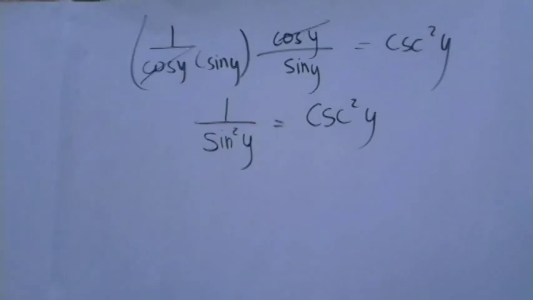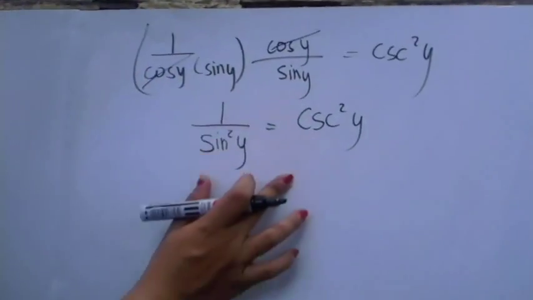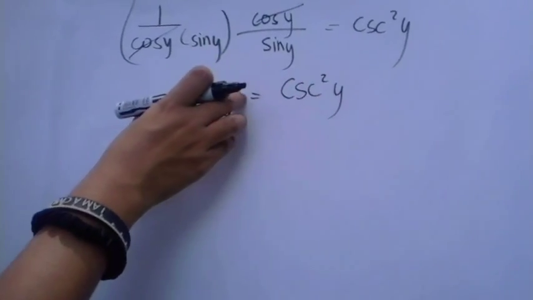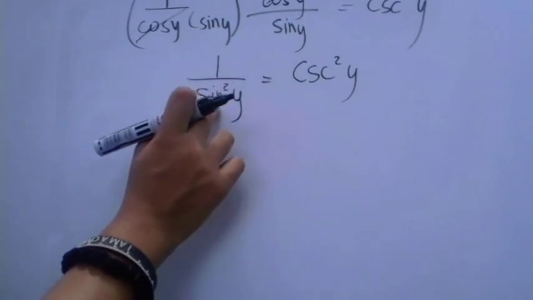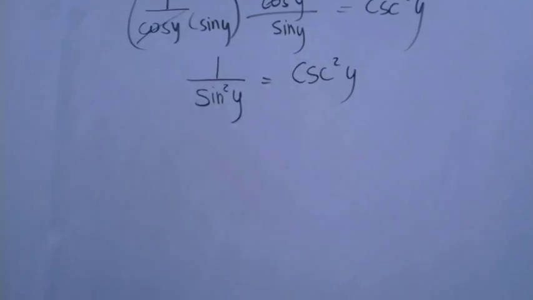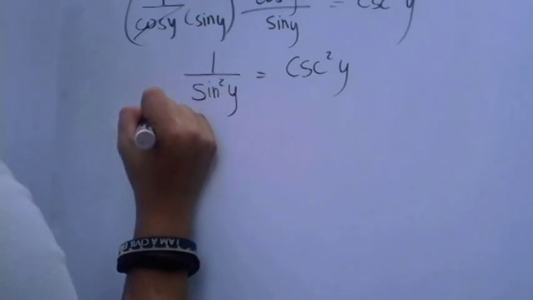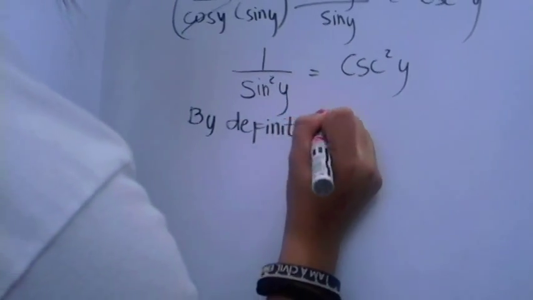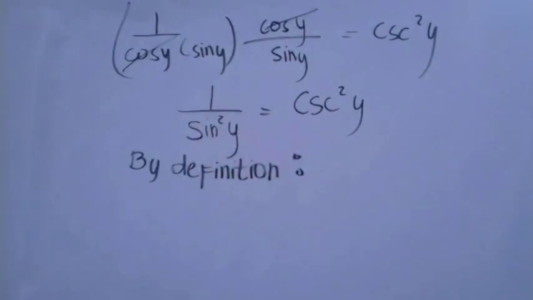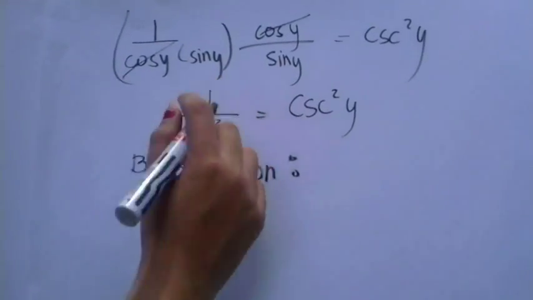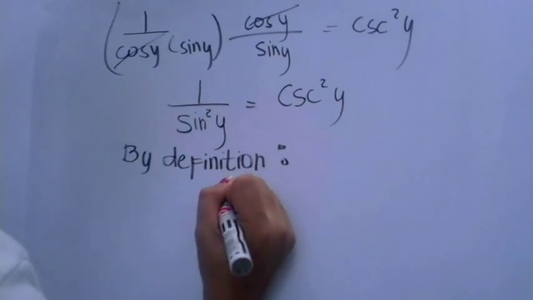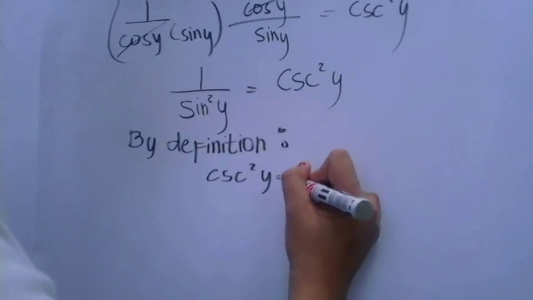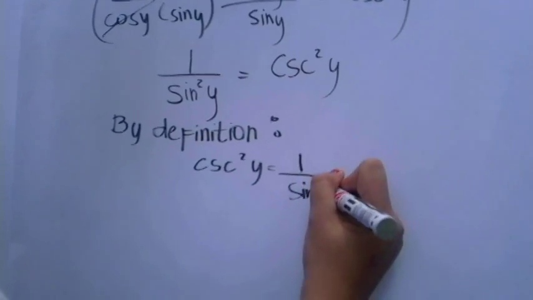Now, the problem is, how do we get the equivalent value of 1 over sine squared y? So, by definition, the ratio identity for cosecant squared y is equal to 1 over sine squared y.